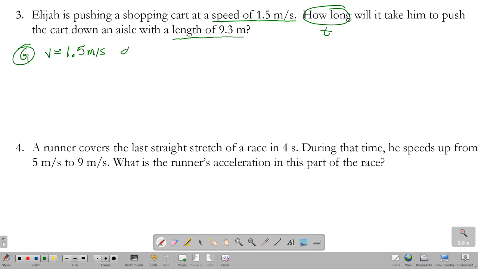And then it also gives us the distance that's equal to 9.3 meters. Our unknown time is going to be in seconds. We see that right here with our speed. It's given to us in meters per second.